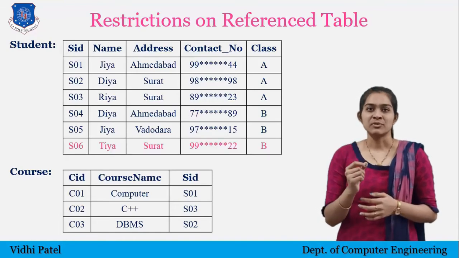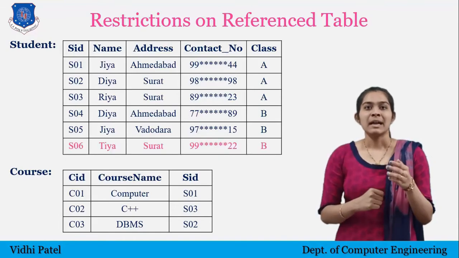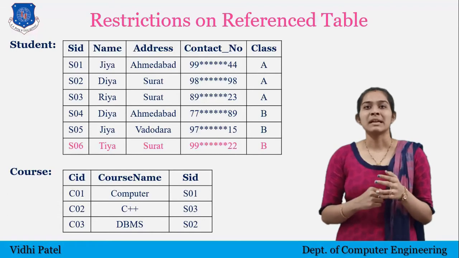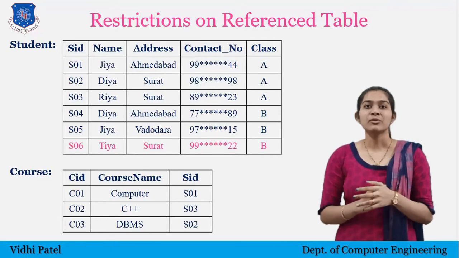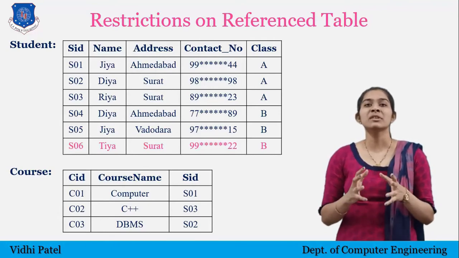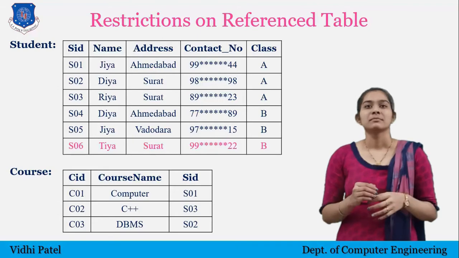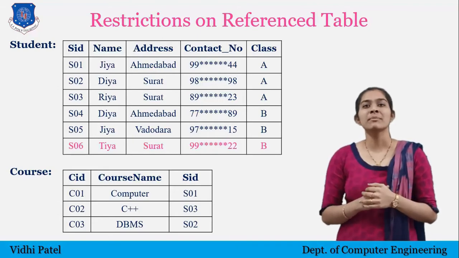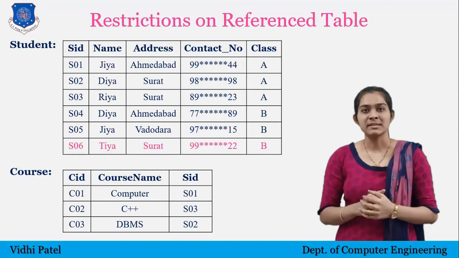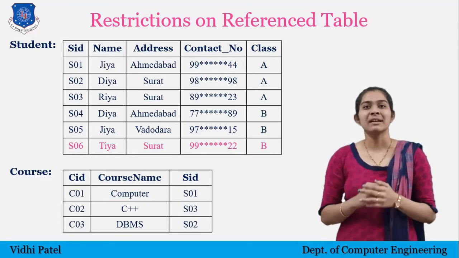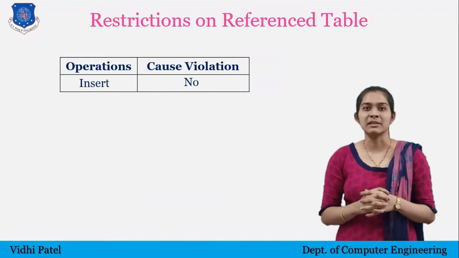Student ID is S06, name is Tia, address is Surat, contact number is 92 and class is B. Can I insert that record or will it create any problem with referencing table? You can check that there is no problem in adding numbers of records in the reference table into the base table. So we can say that any rules are not violated here.